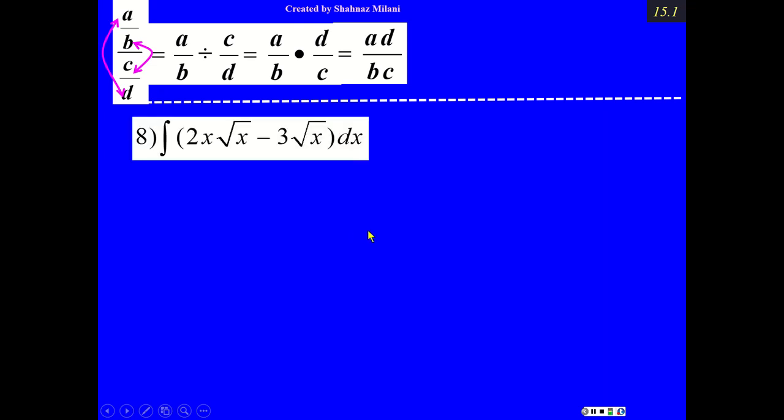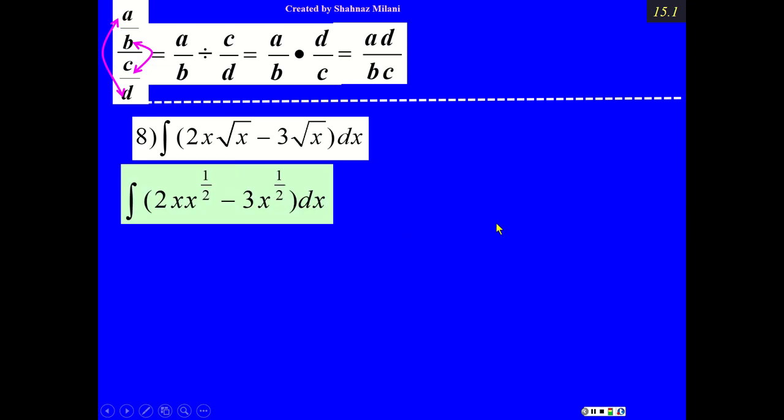Now, let's go with problem number 8. The first thing we do, get rid of the radical sign. Rewrite it as a rational exponent. Remember, antiderivative, we do not have any quotient rule, chain rule, or product rule.